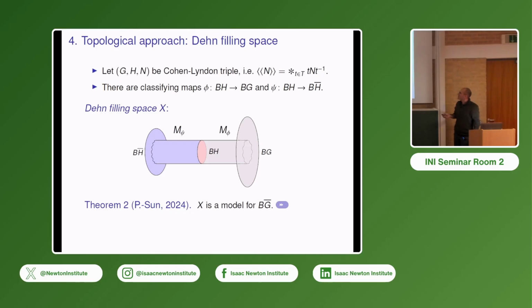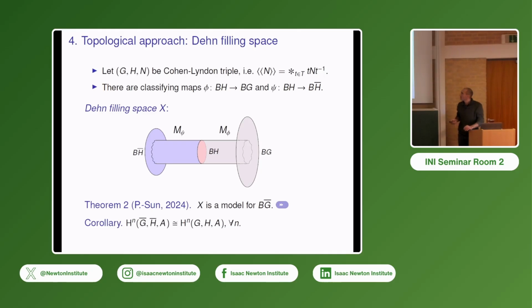Right, so we take this mapping cylinder of this map, and this mapping cylinder here of this map, glue them along their common top, and we get the classifying space for Dehn filling quotients.